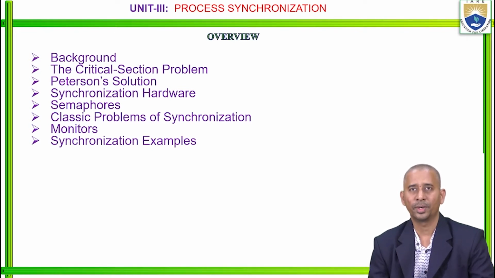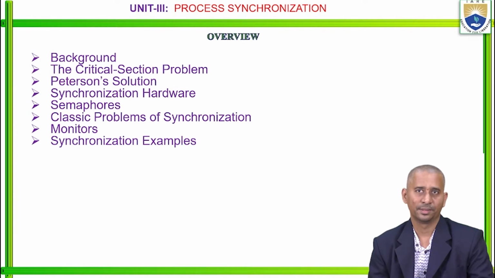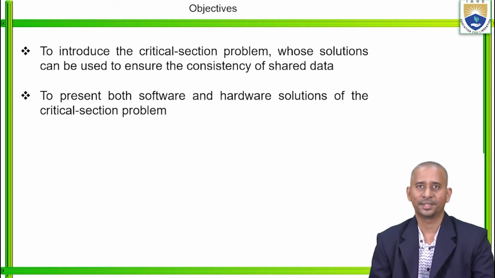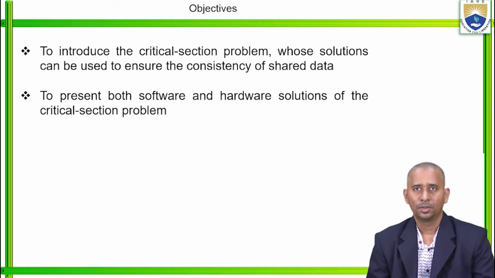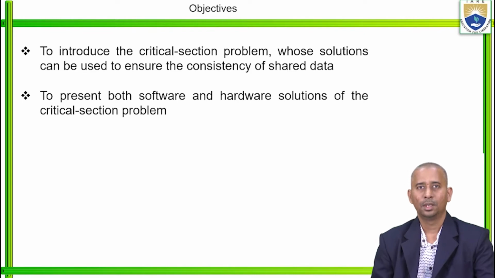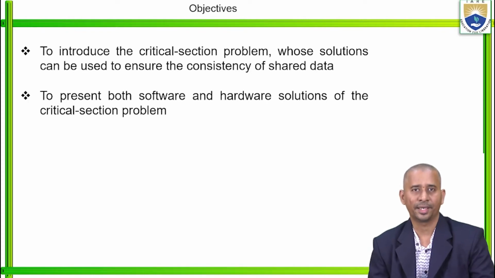In this video, we are going to see the critical section problem, Peterson's solution, synchronization hardware, and semaphores. What are the basic objectives of process synchronization? We need to introduce the CSP, that is the critical section problem, whose solutions can be used to ensure the consistency of shared data.